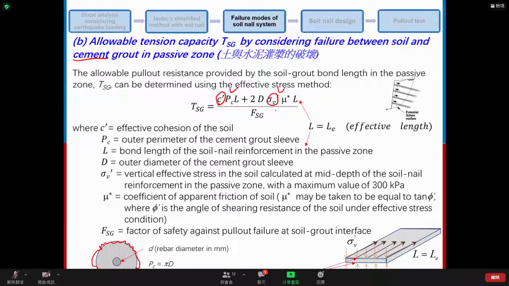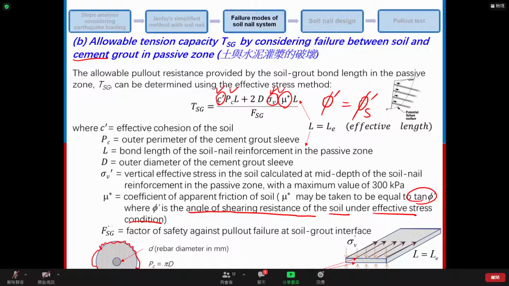Because this looks very similar to the Mohr-Coulomb failure criteria, right? One part is contributed by the cohesion, one part by the friction. This mu star, we will take as equal to tangent phi prime. The phi prime is the angle of shearing resistance of the soil under effective stress condition, which means this phi value actually is the phi of soil.